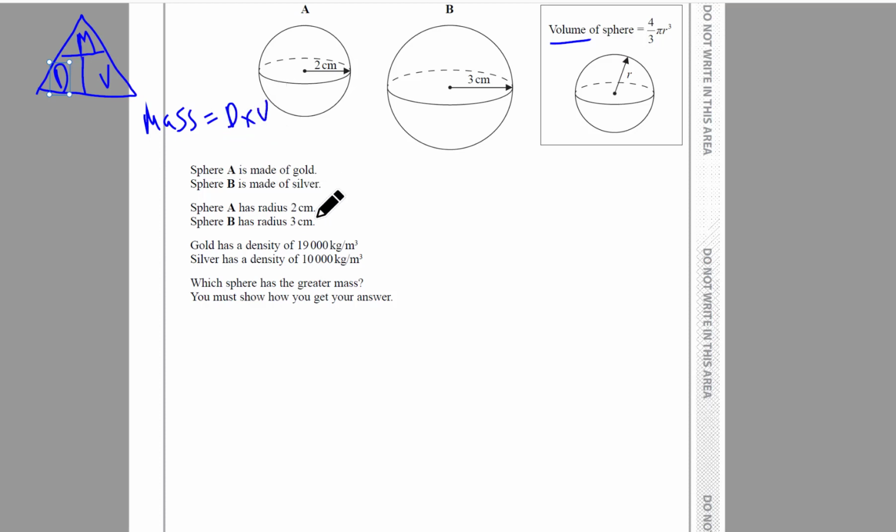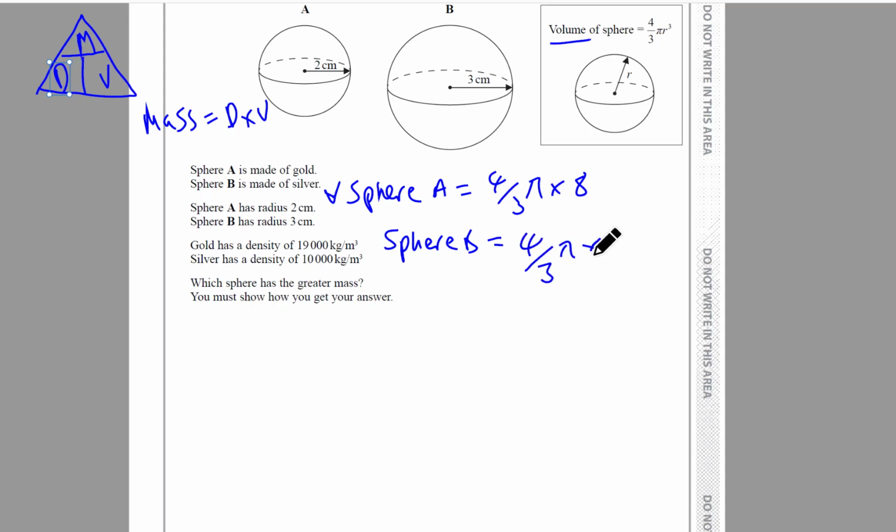So let's start with this. Sphere A, the volume is going to equal 4 over 3 pi times 8, and for B it's going to be 4 over 3 pi times 27.